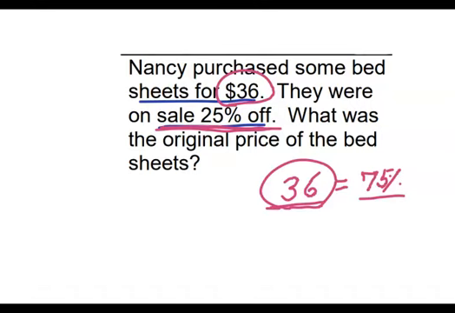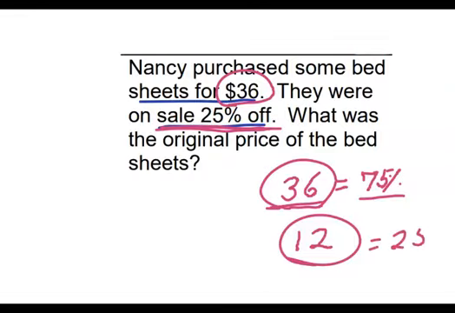So can we divide 36 by 3, and that will give us each 25%, right? So 36 divided by 3 is actually 3 goes into 3 once, 3 goes into 6 twice. So 12 is equal to 25% of the original price, right?